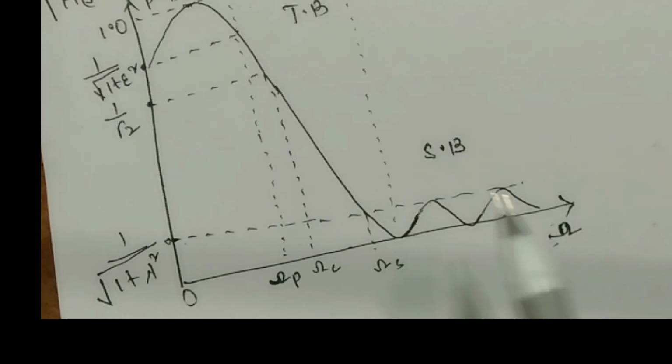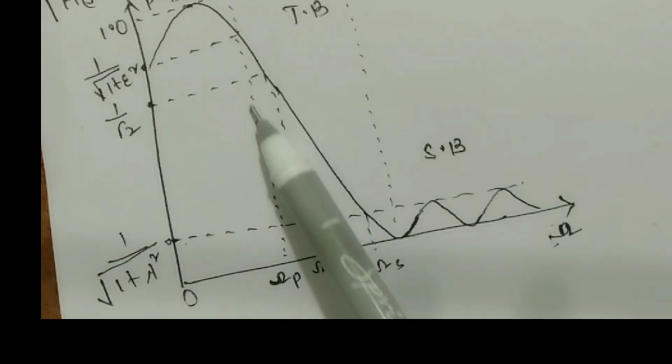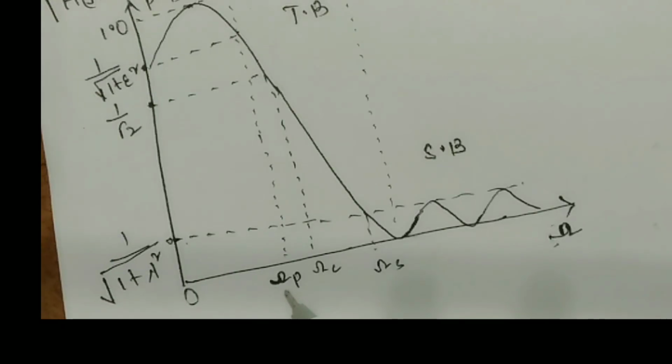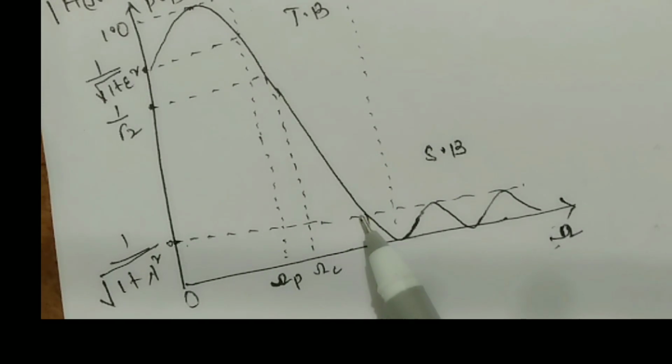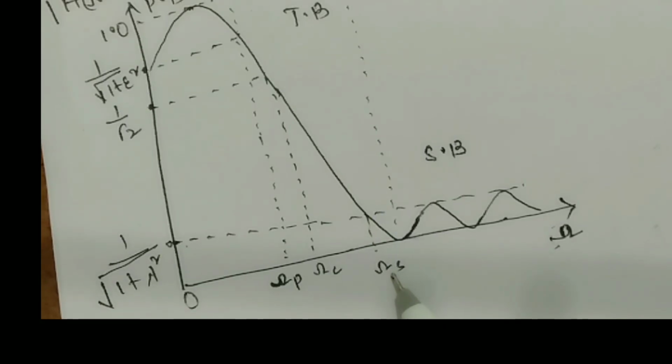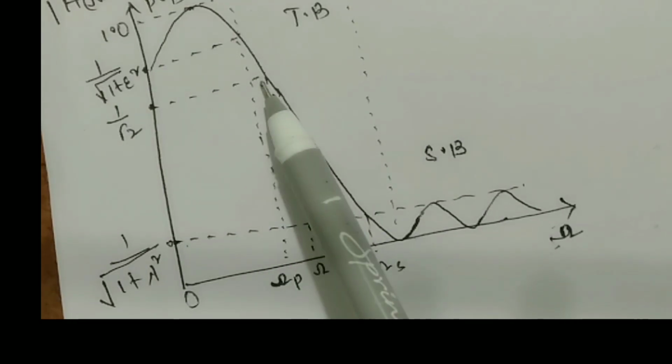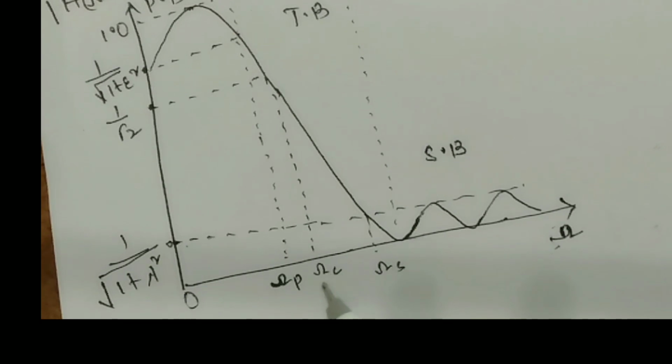So from here to here, if you calculate, the first frequency you can encounter is the omega p, because this is the pass band, and here you are going to the stop band. So here, if you see, this is the omega s, the stop band, and in between these two, at the 3 dB frequency, whatever frequency you get is the omega c.